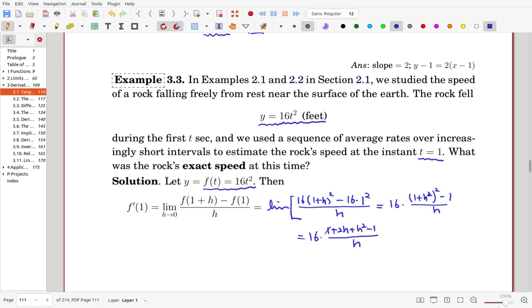So this 1 and minus 1 can be cancelled, and this division will give 16 times (2 plus h). Okay, that is the simplified quotient. Now, if you apply the limit as h approaches 0, then the value must be 16 times 2, which is 32. That is the final answer. Of course, the unit is feet per second. Okay.